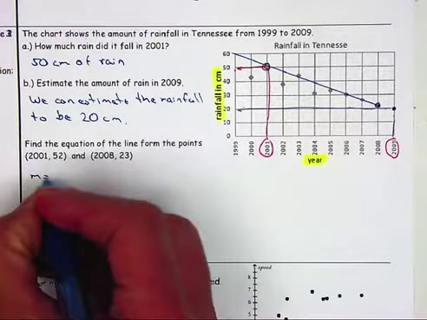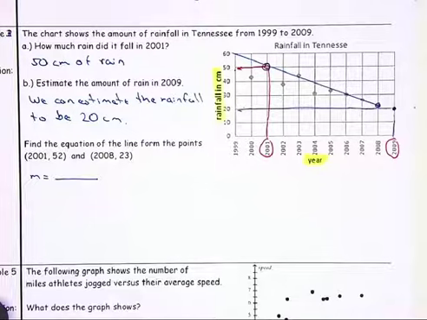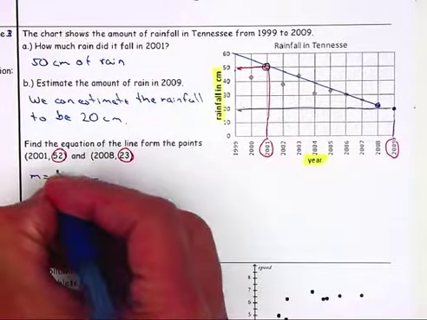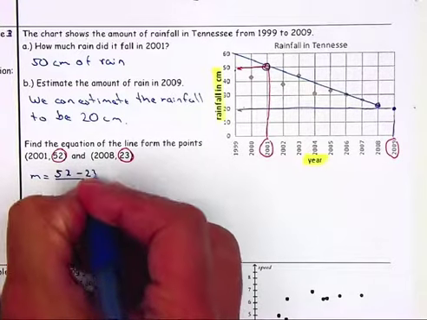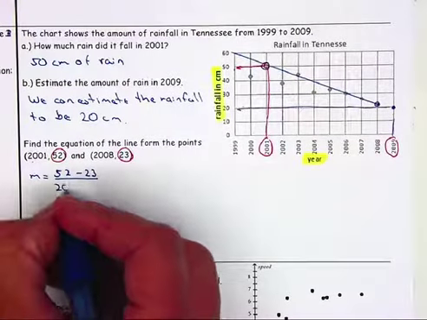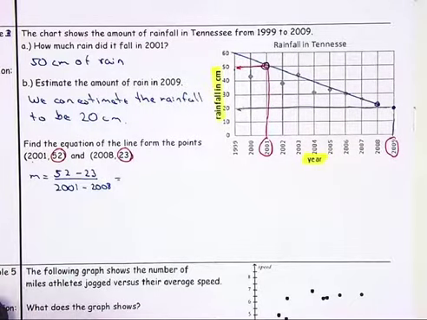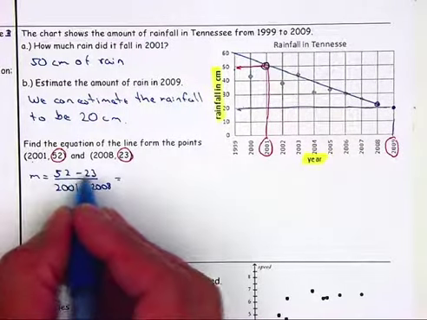M is equal to your slope. So I'll circle the y's. It'll be the difference of the y's over the difference of the x's. It'll be 52 minus 23.